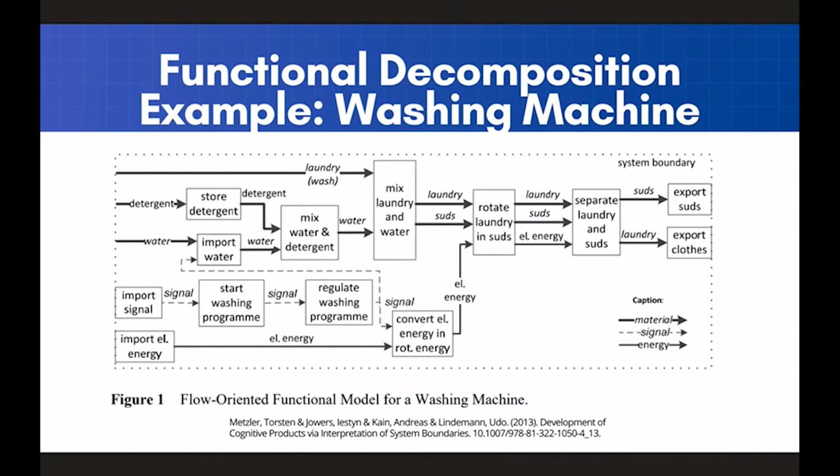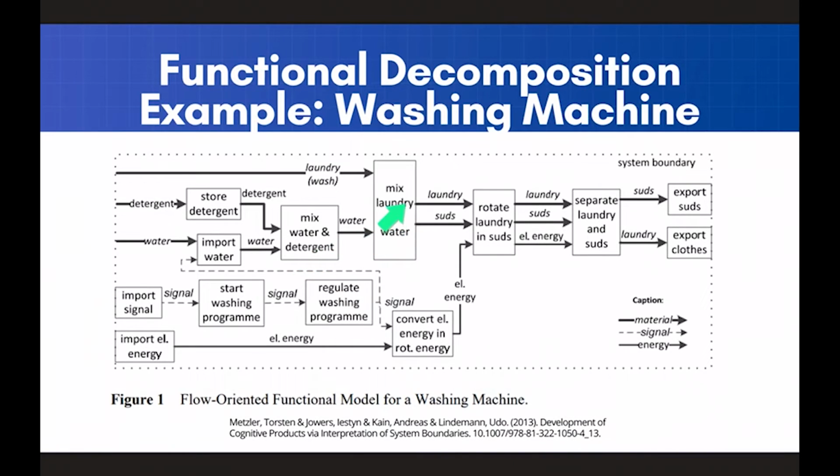So this is the example of functional decomposition of a washing machine. As you can see, there are many sub-functions available in this schematic diagram. For example, we have the store detergent sub-function, and then we have the import water sub-function, and we have the mix water and detergent sub-function.